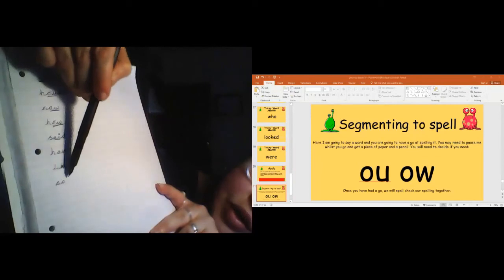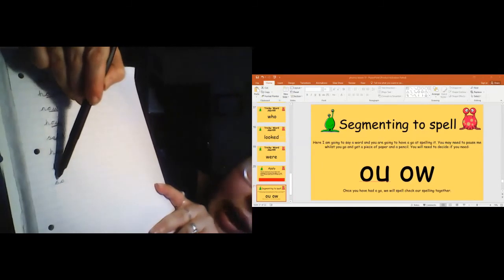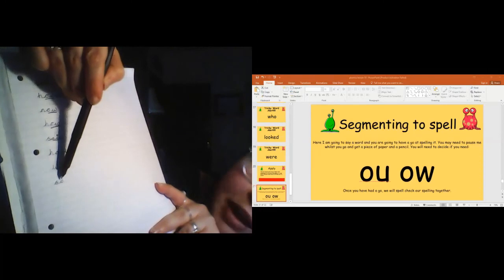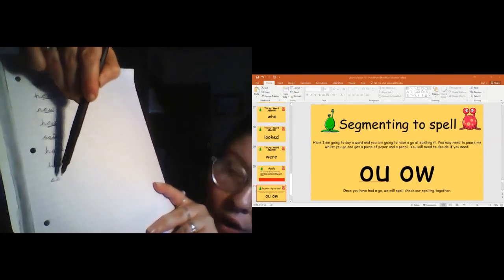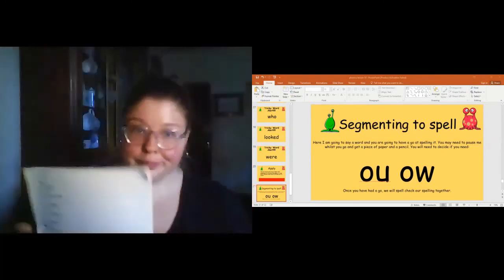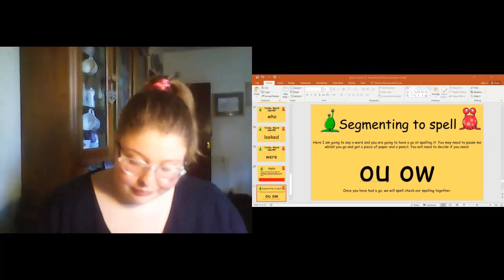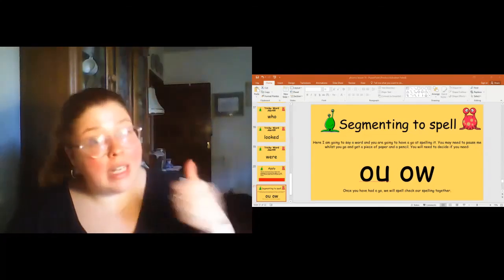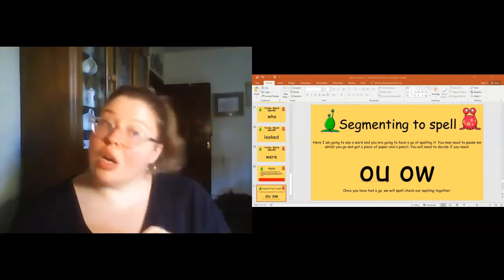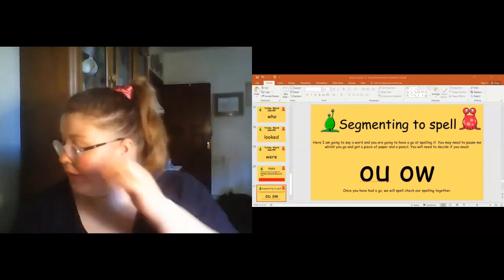S-O. So. Okay? The tricky bit is that this letter O is making the O sound and not the short O sound. So. Okay, if you spelled it correctly, well done. If you didn't, don't worry, have a go again underneath.